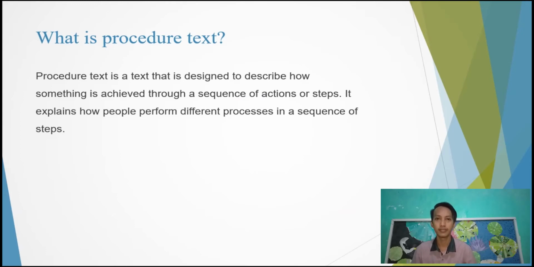There are materials or ingredients, and after that we know about how many steps that we learn on that, maybe cooking. That's procedure text. Do you get it? Okay, next we go to the next slide.